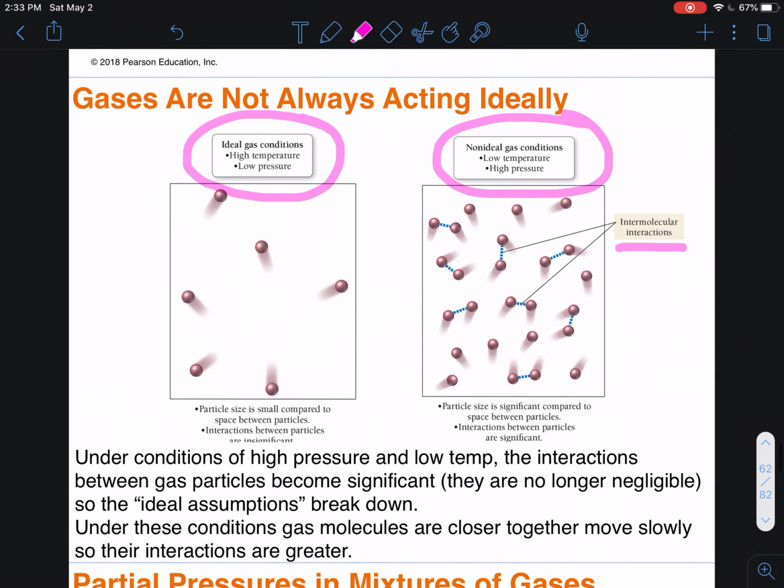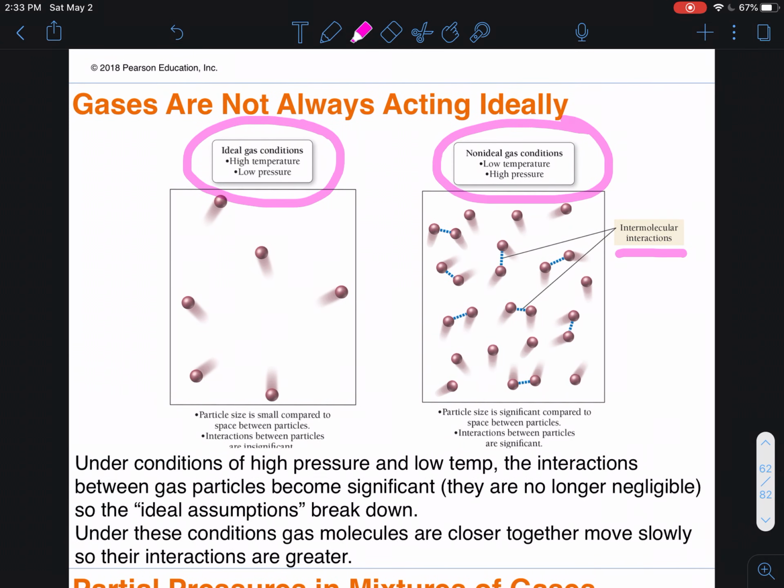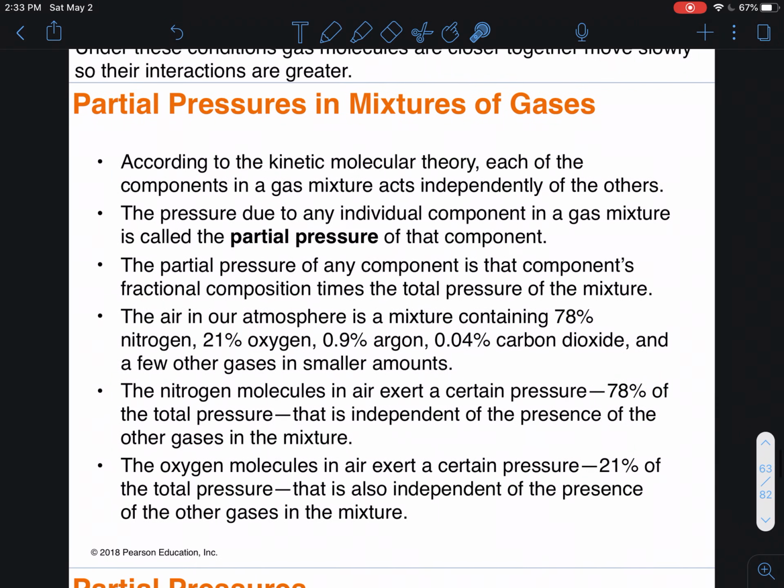So again, all you need to know is what are the conditions when we have ideal gases versus the conditions when we have non-ideal gases. Ideal gases, we get that from high temperature and low pressure, and non-ideal gases, we get that from low temperature and high pressure.